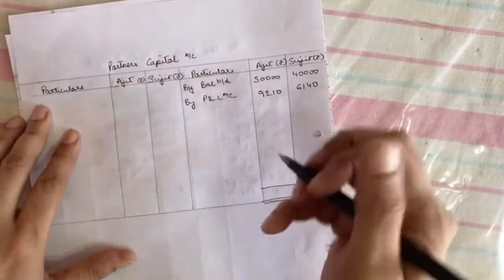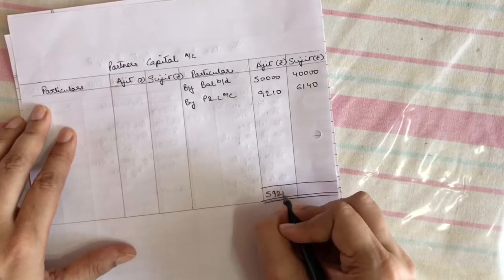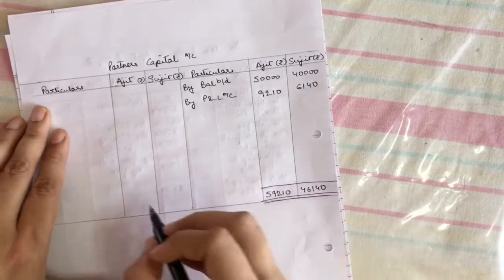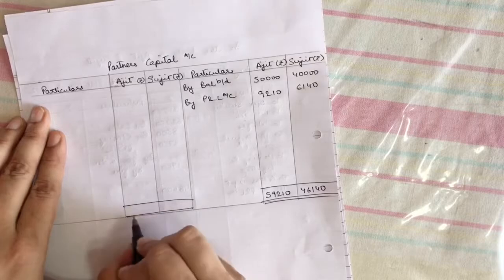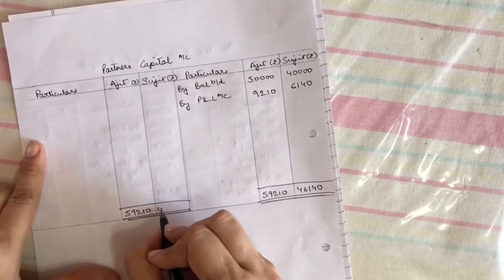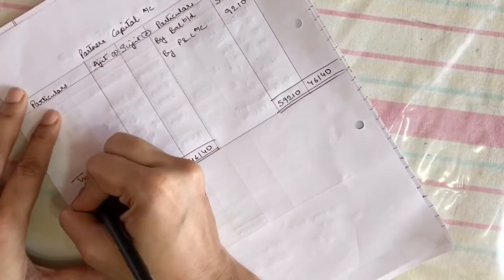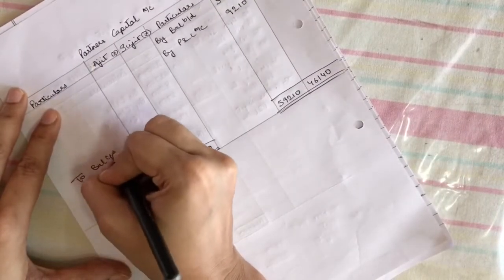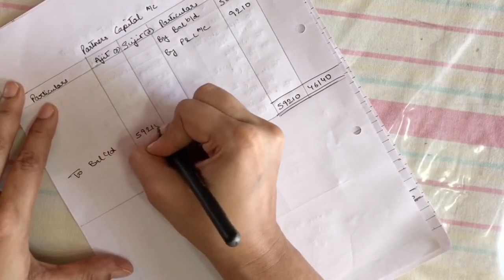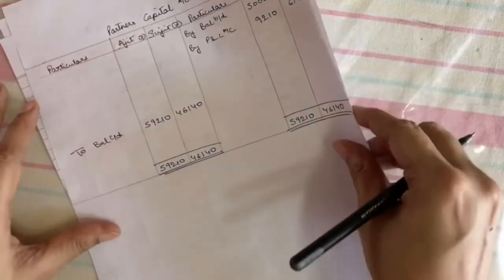Your total is 59,210, 46,140. There are no other adjustments, so to balance carried down. You'll write the same figure, 59,210 and 46,140. Where will this transfer?